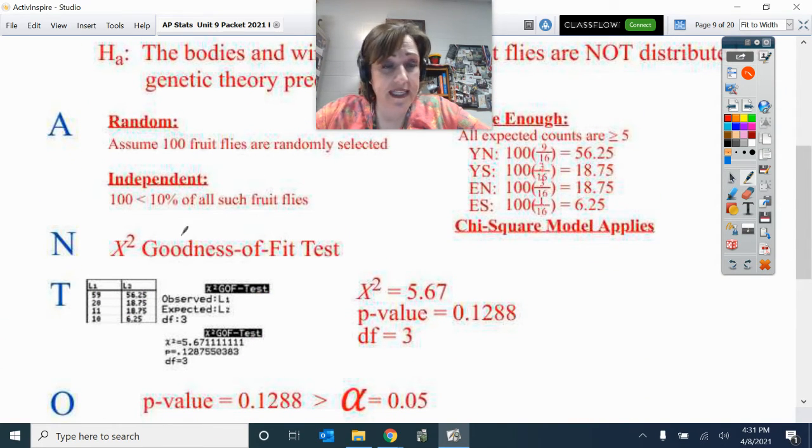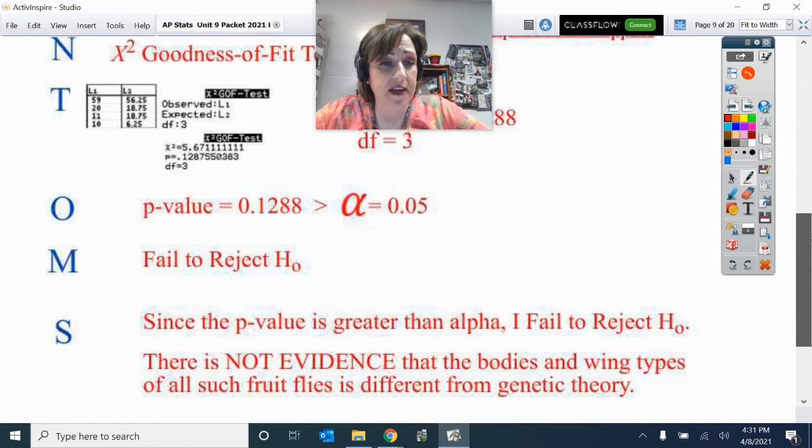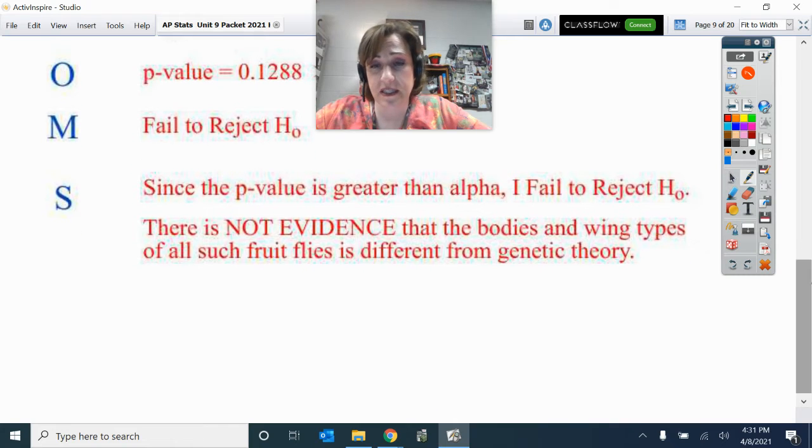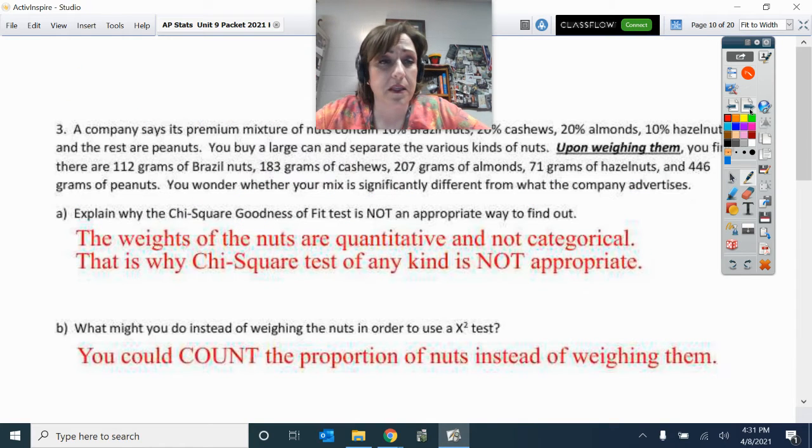Then the chi-squared goodness of fit gives our p-value, which is greater than alpha. So there is not evidence that the body and wing types of all such fruit flies are different from genetic theory.